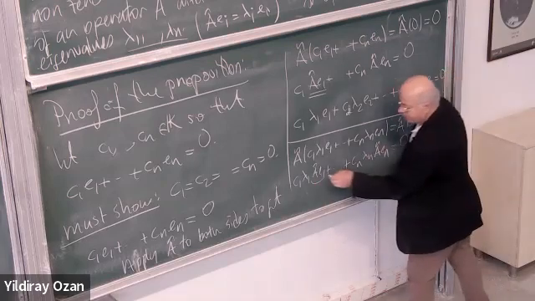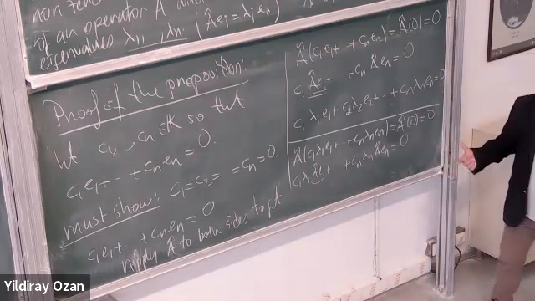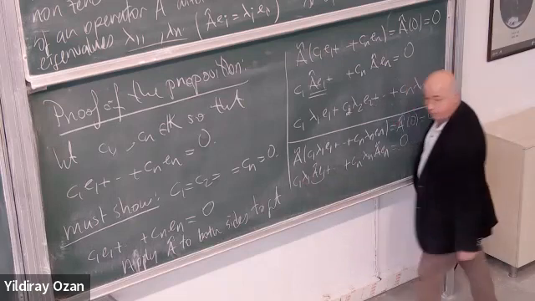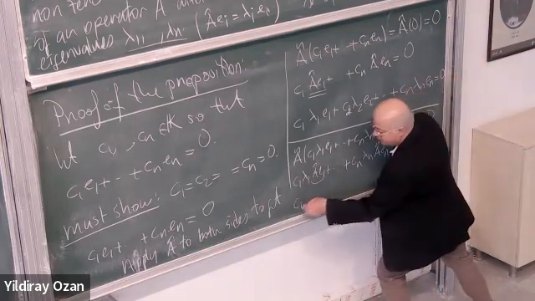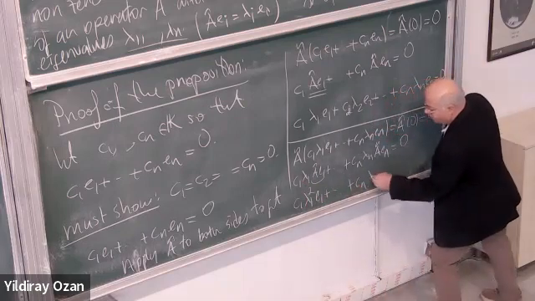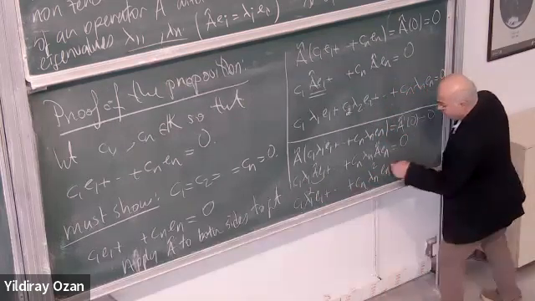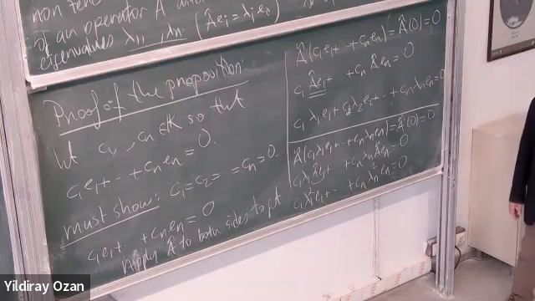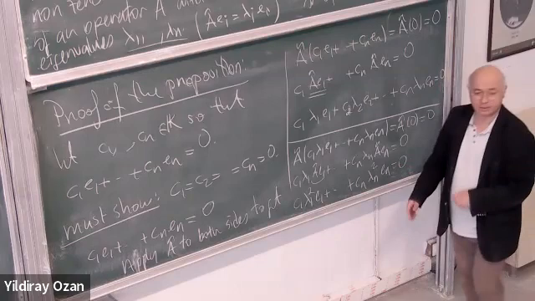But what is this? This is also lambda 1 times e1. I have already one lambda 1 here, so I will have c1 lambda 1 squared e1 + ... + cn lambda n squared en equals 0. And I can repeat this as many times as I want.